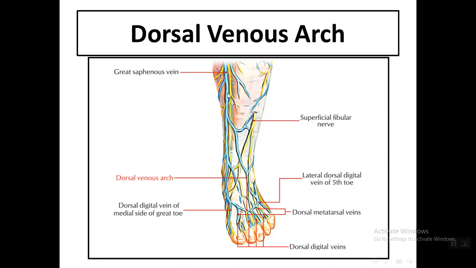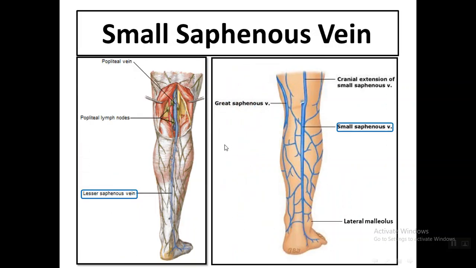Here the great saphenous vein is accompanied by the saphenous nerve. This is the small saphenous vein on the posterior aspect of the leg, beginning from the lateral end of the dorsal venous arch. It runs behind the lateral malleolus and then on the back of the leg until it reaches the region of the popliteal fossa. It will pierce the deep fascia to drain into the popliteal vein.